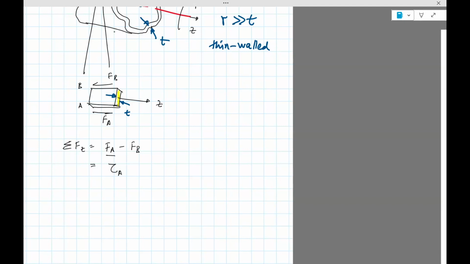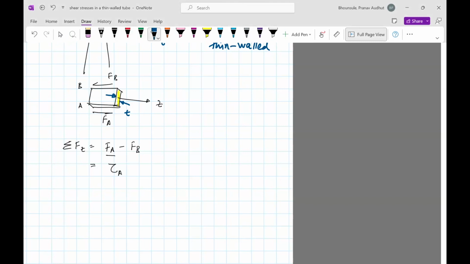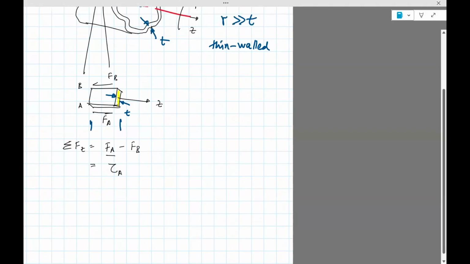We'll assume that this length is dz or delta z, along z.